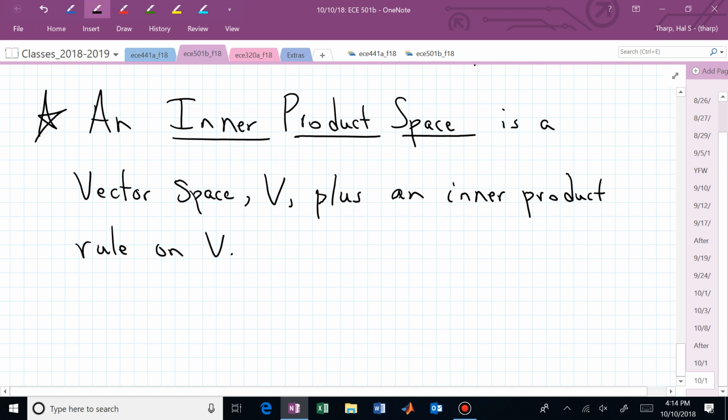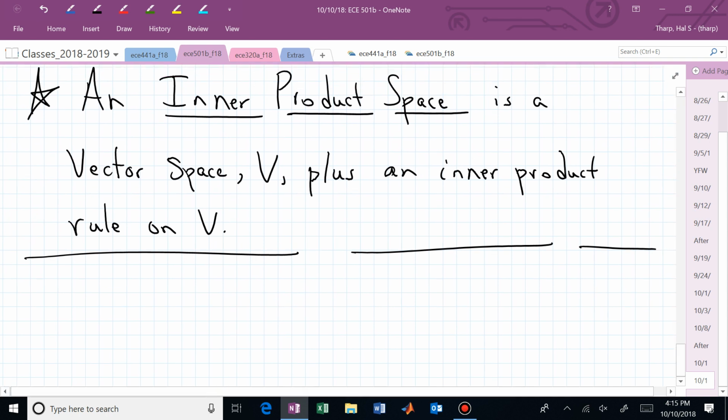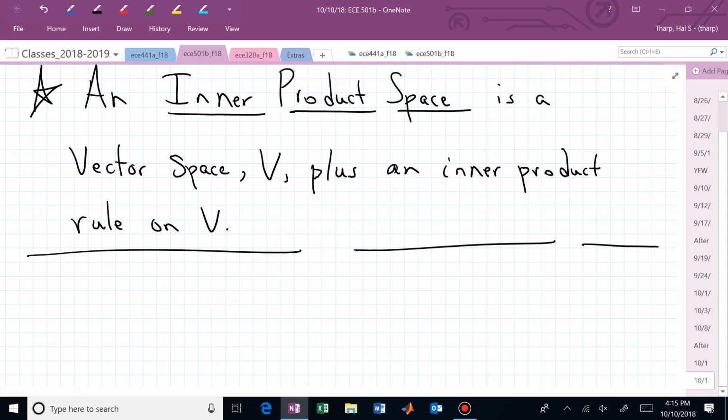So that's what chapter 6 is dealing with, inner product spaces. So we have to be comfortable with this concept of inner product.